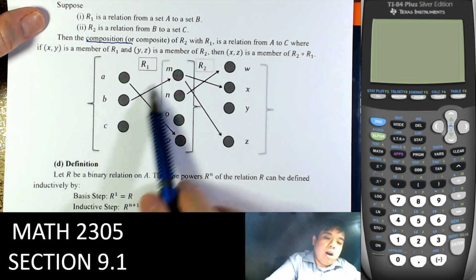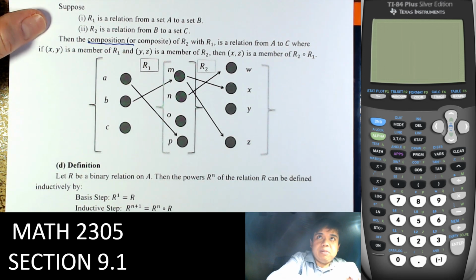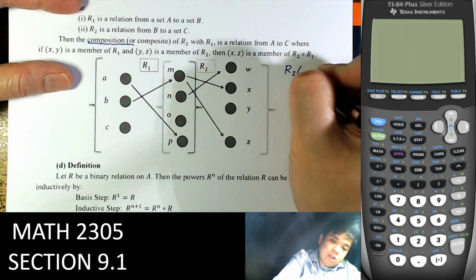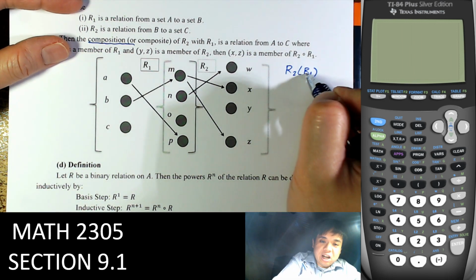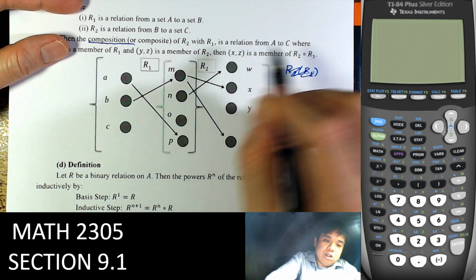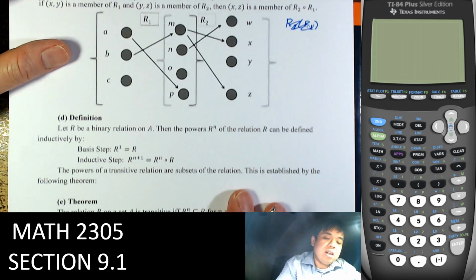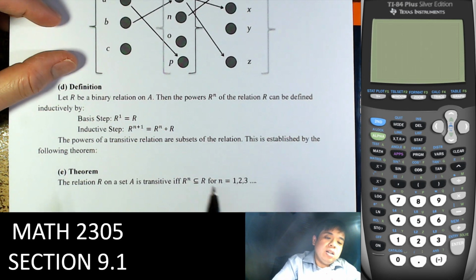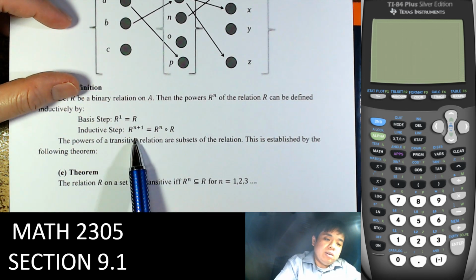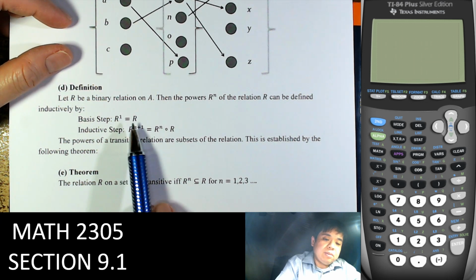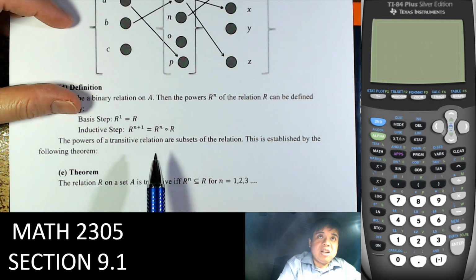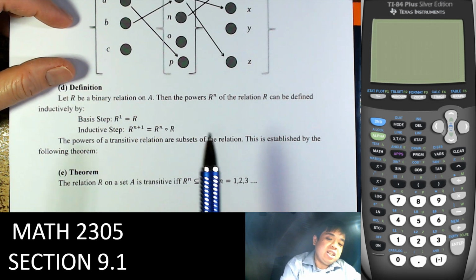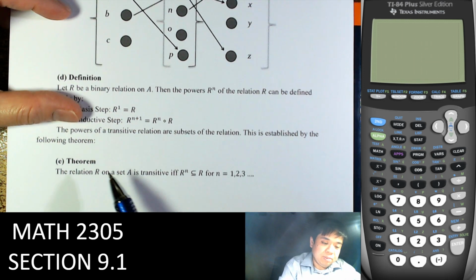So R1 first, then R2, and we write it like this. Remember, this is R2, just like a function, we would write it like that. R2 inside first, on the right first. So we go R1 and then R2. That makes sense. Now with that, we can define the power of a relation as just multiplying by itself, but in this case, instead of multiplying, we do the composition.